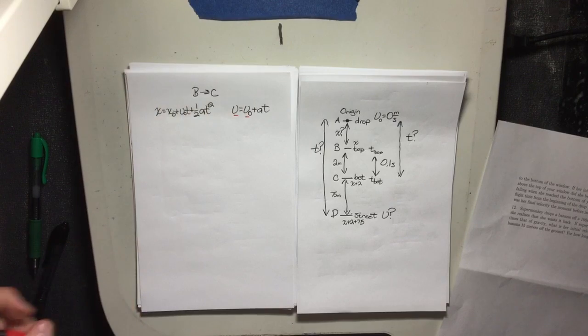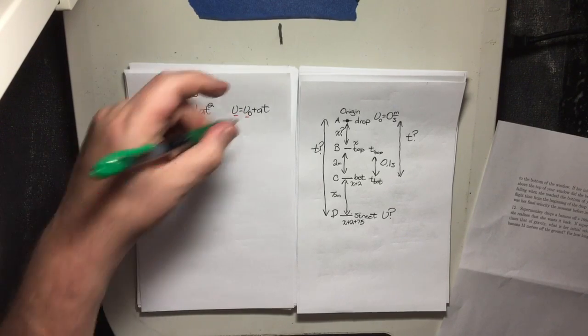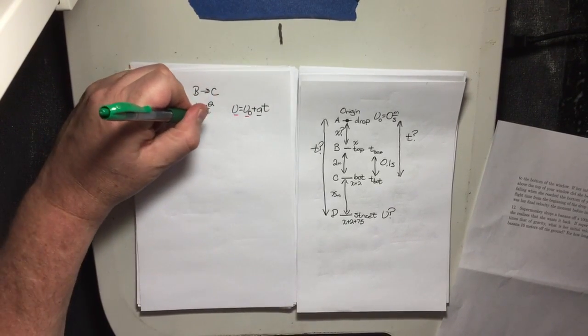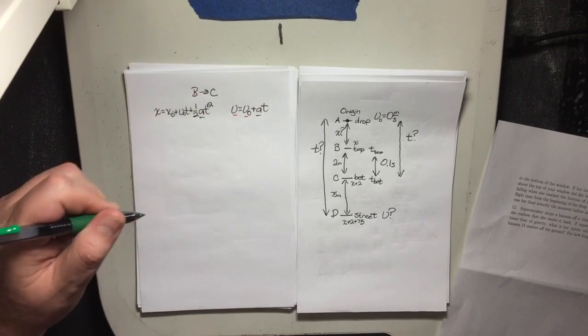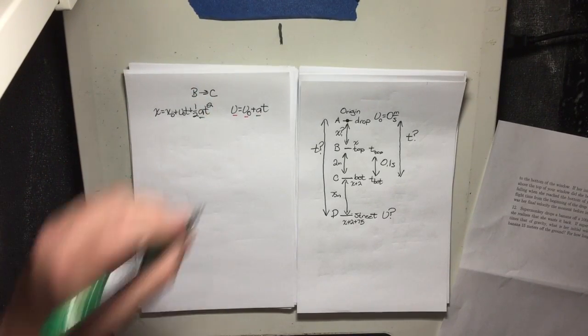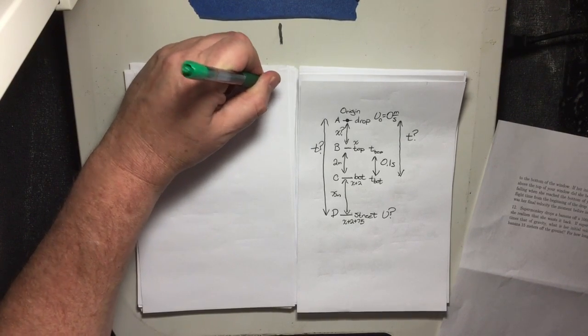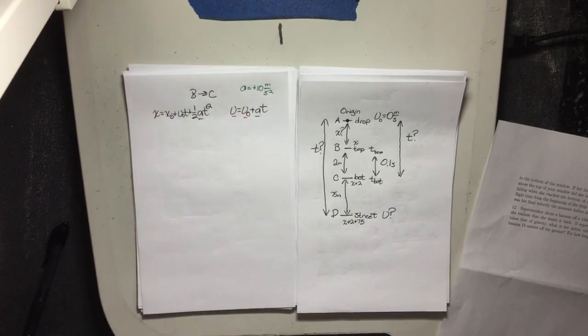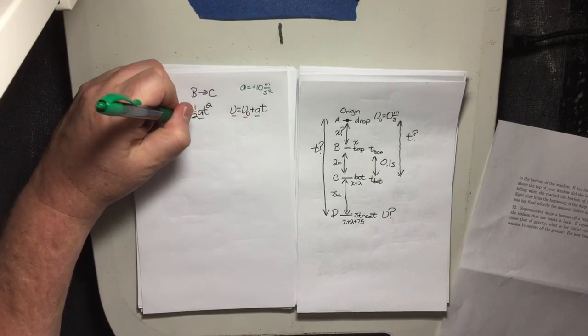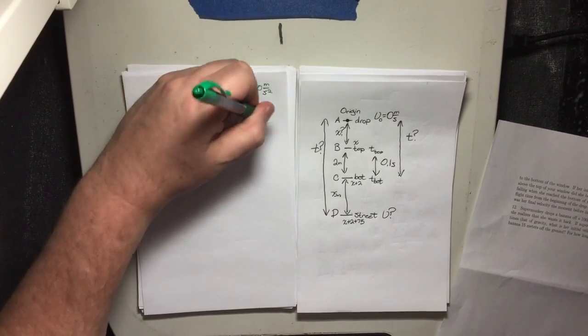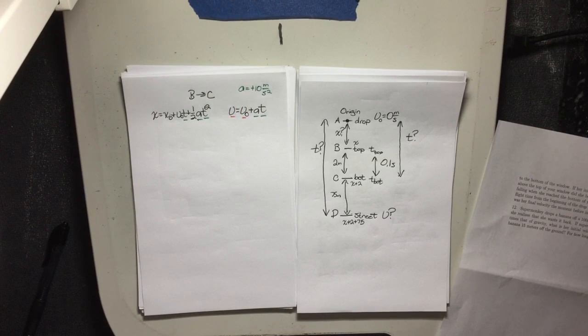I know nothing about the velocities. I do know, however, that I am on the planet Earth, so a should be positive 10 meters per second squared. And I know the time is 0.1 seconds.